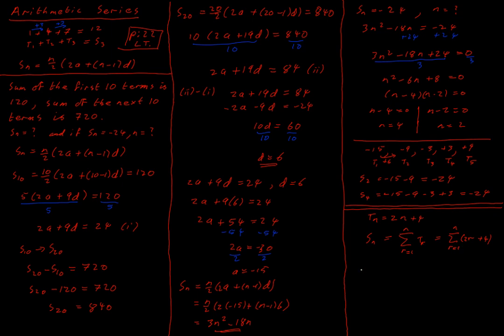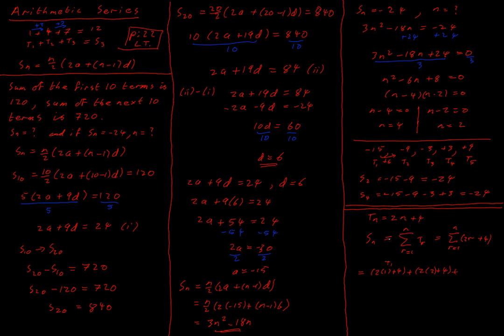So what would this look like in practice? It means start at r is 1, so 2 on 1 plus 4 is our first term, and then the sigma means add up, so sum up 2 on 2 plus 4.